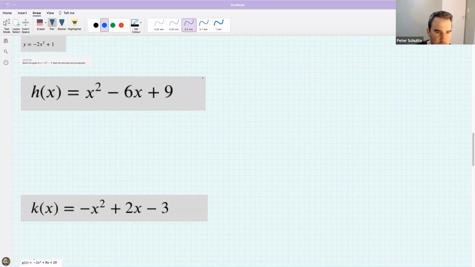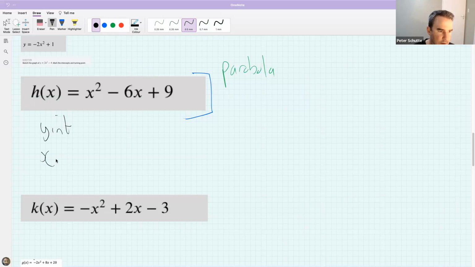One of the things we did was we identified graphs. What type of graph do you think this is? Just out of curiosity, would you be able to name it? A parabola. Perfect, exactly. And what I'm going to ask students to do now is to find the x-intercept and the y-intercept of this parabola.